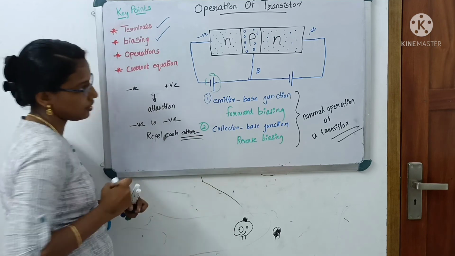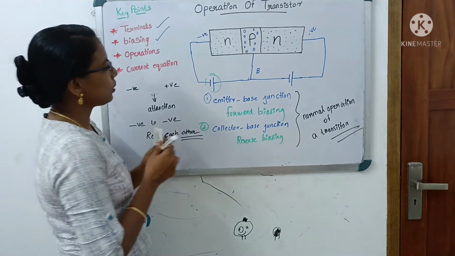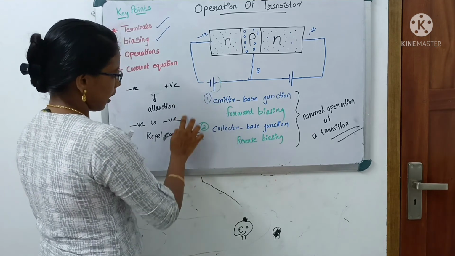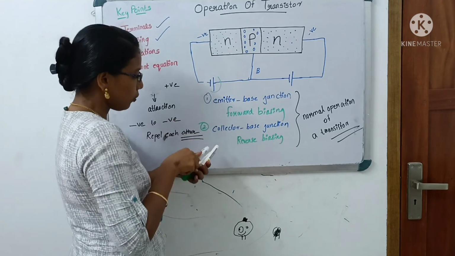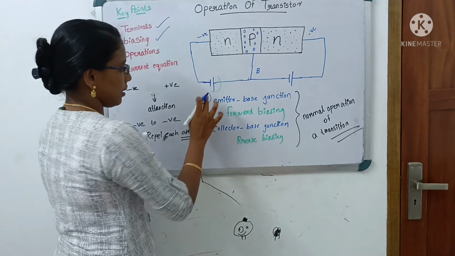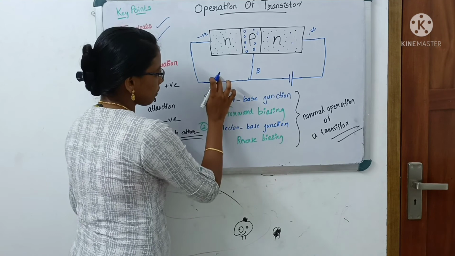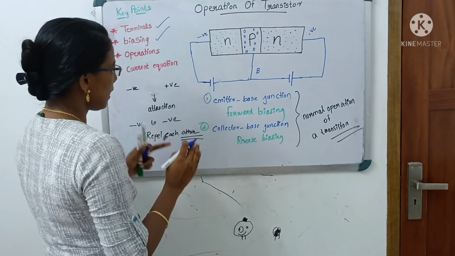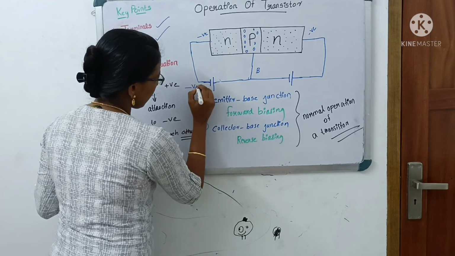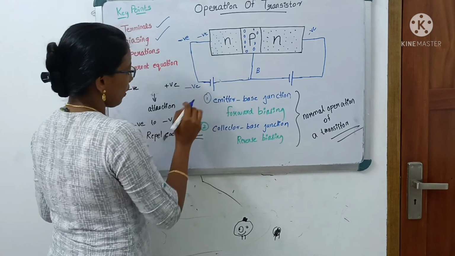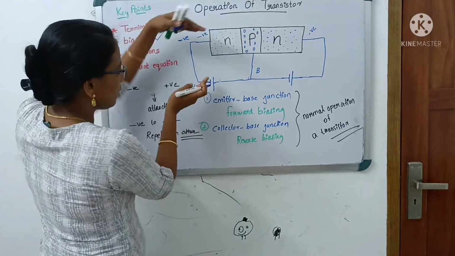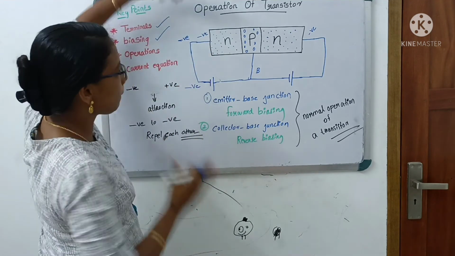Based on the charge, this is the negative terminal of the transistor and it is connected to the negative terminal. So here is negative and here it is also negative. When negative terminals meet, in this region there is a repulsive force.